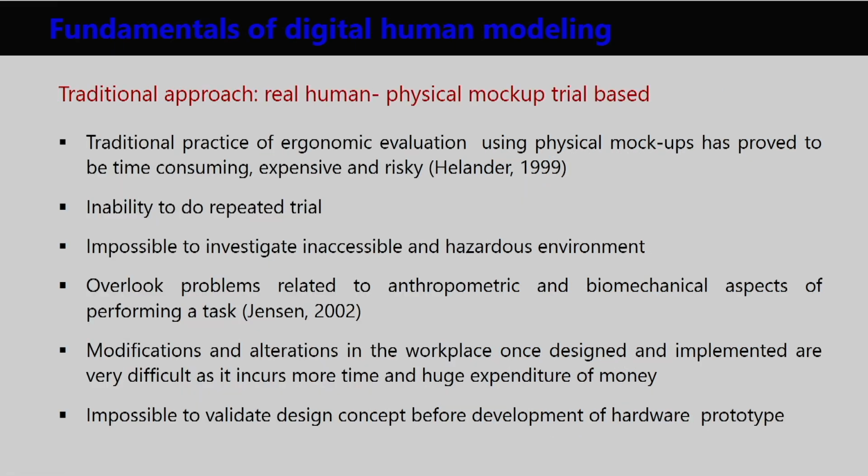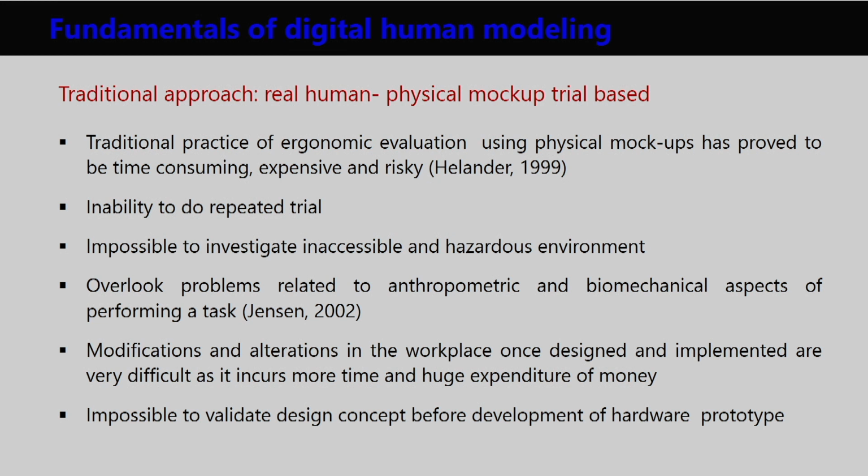Now, we are going to discuss the traditional approach, that is the real human physical mockup based trial, versus the digital human modeling based approach. First, we are going to discuss the traditional approach, what the important points are there and how it is different from the DHM based approach.